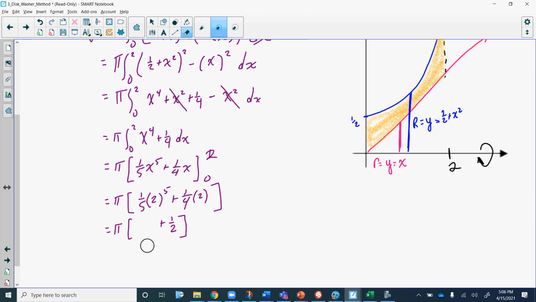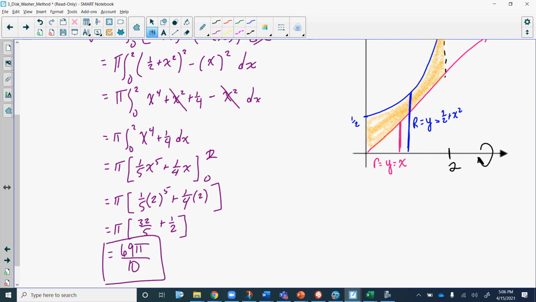So this will be 32 fifths. And so now I would have to get a common denominator. So that looks like it's going to be a 10 again. So that'll be 64 plus 5, that'll be 69 tenths. So 69 pi over 10 is going to be my final volume for that rotated figure.